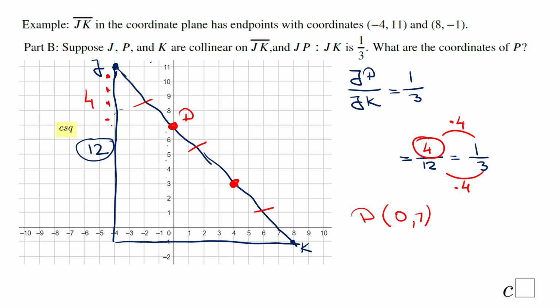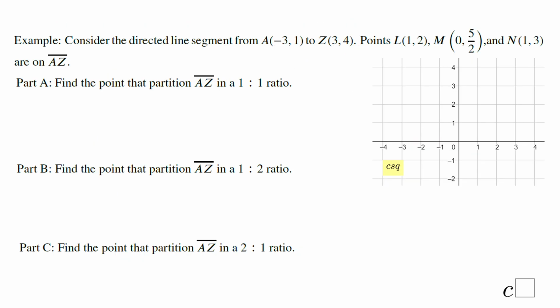Okay. And the last problem in this lesson, we have a directed line segment. I think I mentioned this, but now you can really see it. That tells you you start from -3 and 1, which is right here. Z is 3 and 4. Okay, so you see I put the points down on the paper.